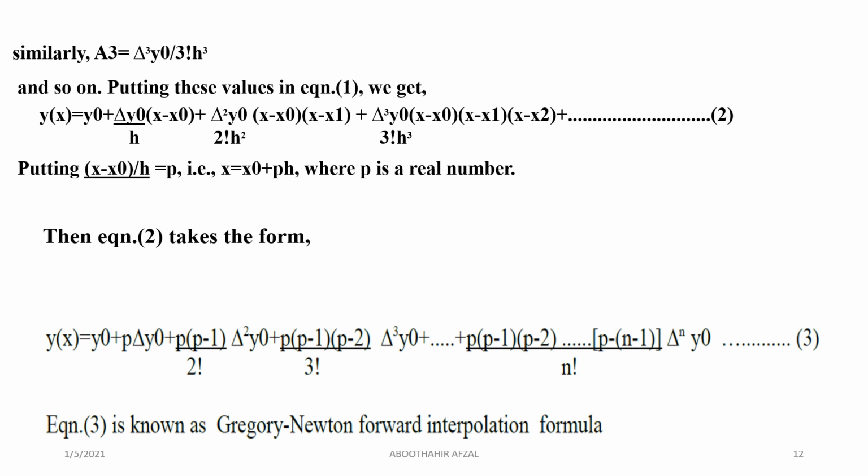But in between, I choose one x value, and then I find the value of y for that x value. I am expressing that y value in terms of the available data, that is x0, y0, x1, y1, and the differences of y and the p value. The p value can be easily found. So this is what I call the Gregory-Newton forward interpolation formula.